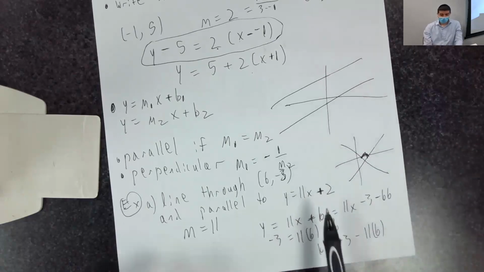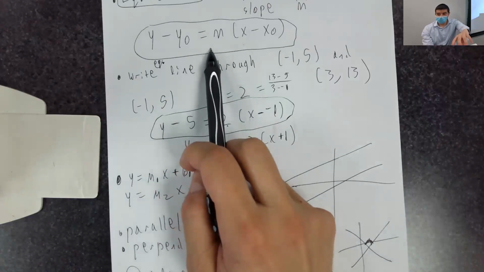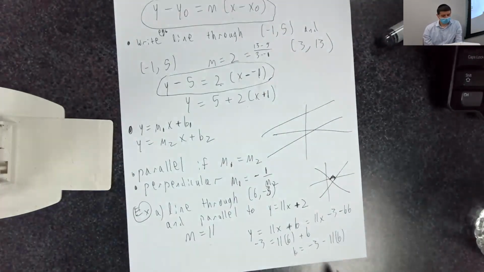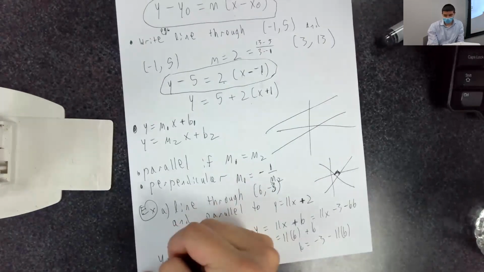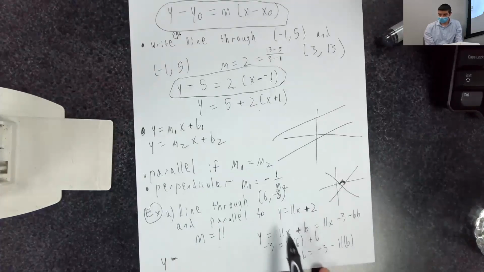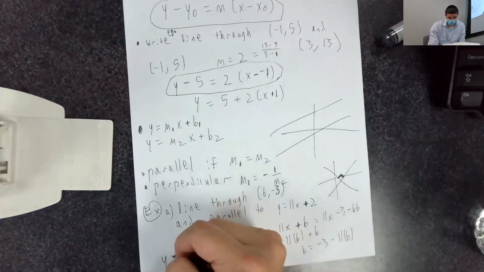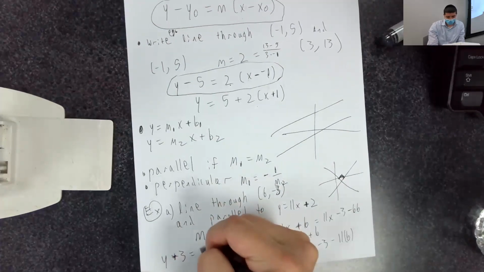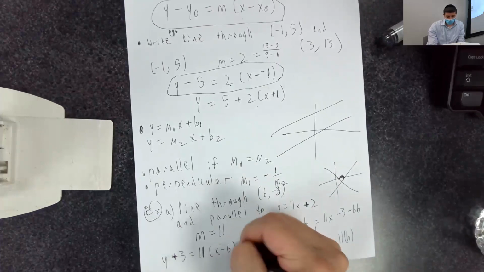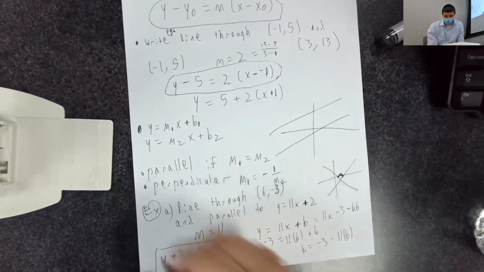That works. But if you use this formula right here, there's no work to be done. You can do it all at once. If I use the point-slope formula, y minus y0 is equal to the slope times x minus x0, so y minus -3, y plus 3, is equal to the slope, which is 11, times x minus 6. You could write it this way.